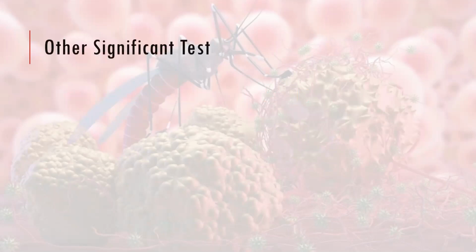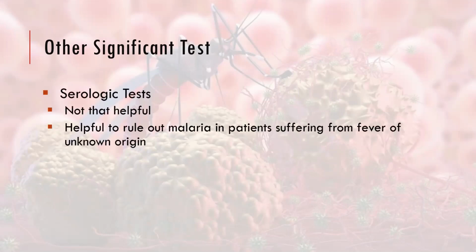Okay? Now, what are the other significant tests aside from the peripheral blood smear, aside from the thick and thin smear? Well, of course, serological test will do, but not helpful to rule out malaria in patients suffering from fever of unknown origin.